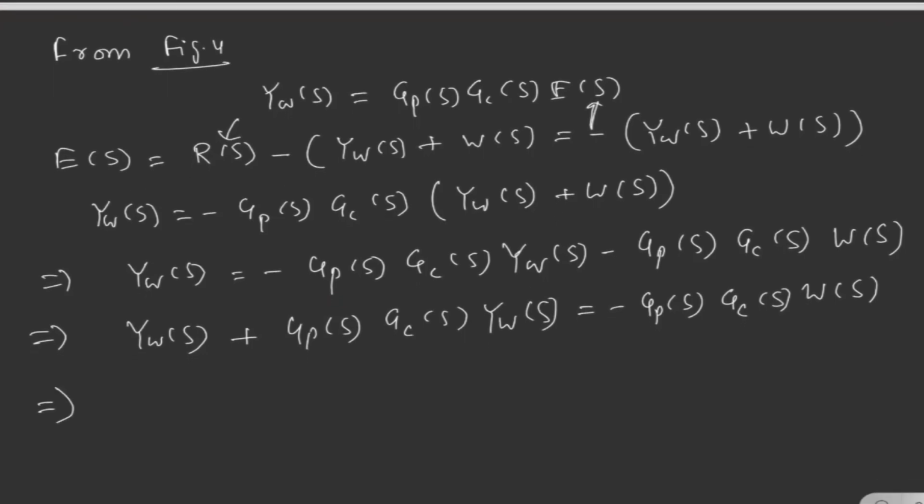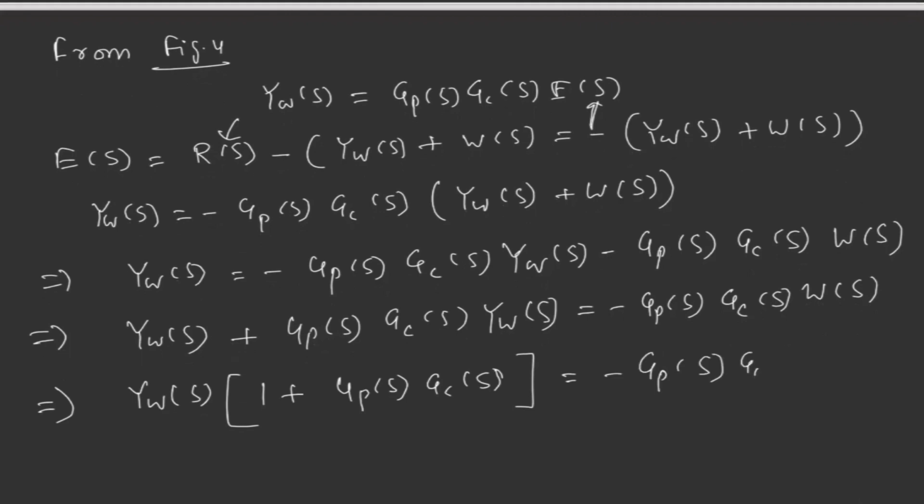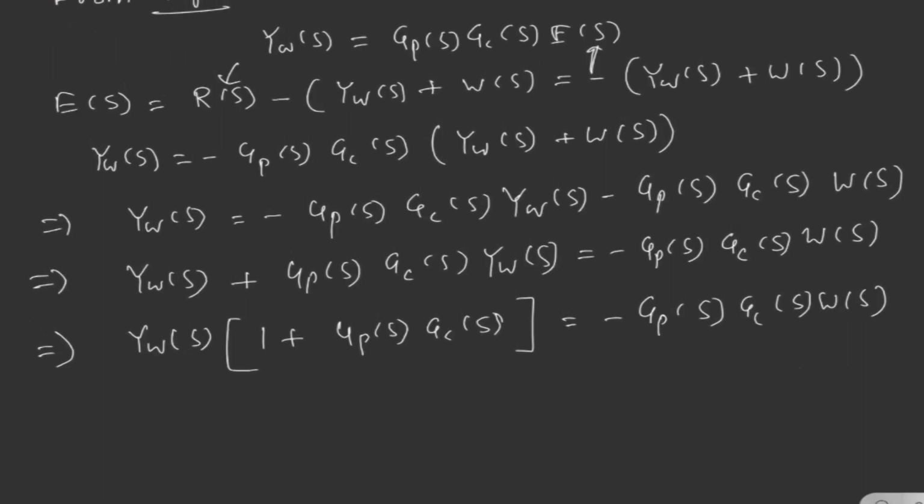If you take Y_W(S) common from the left hand side, we can write 1 plus G_P(S) G_C(S) equal to minus G_P(S) G_C(S) W(S).